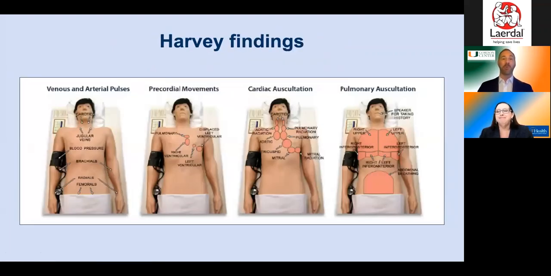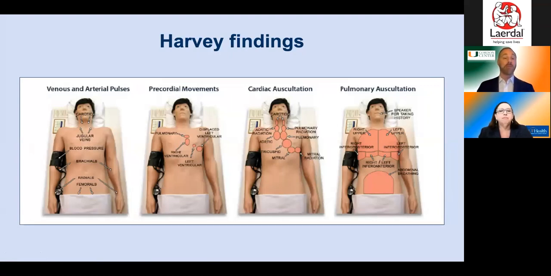Harvey is, of course, much more portable now. But under the hood, many enhancements have been made recently. Harvey can simulate just about any finding you can think of related to the cardiac exam and some pulmonary findings as well.